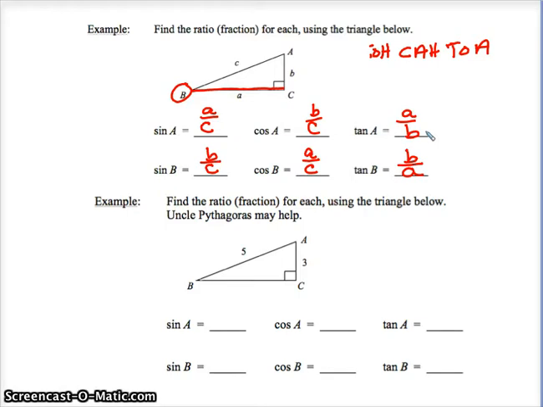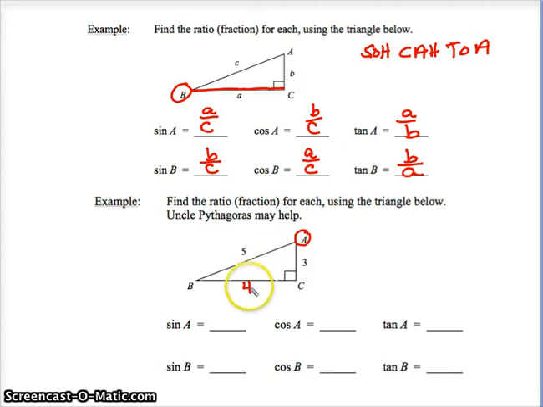Let's switch out those letters and put in some numbers. I've got a triangle right down here. I've got a leg of 3 and a hypotenuse of 5. If we use our Pythagorean theorem, we see that the other leg is 4. Now we can start finding the sine, cosine, and tangent. The sine at angle A, sine is the opposite over the hypotenuse.